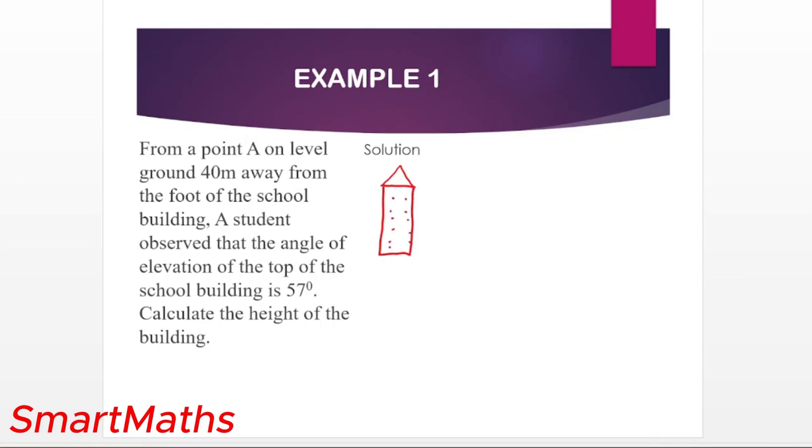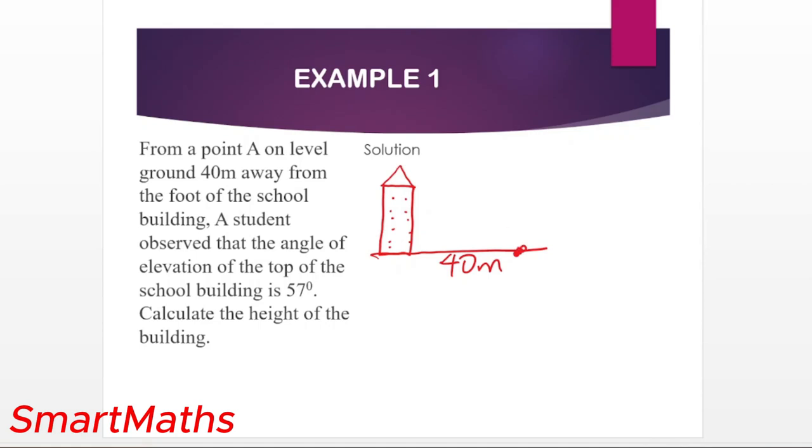This is the level ground of the building, and there's a point on the level ground that is 40 meters away from the foot of the building. Are you with me? A student standing at that point observed the angle of elevation of the top of the building.